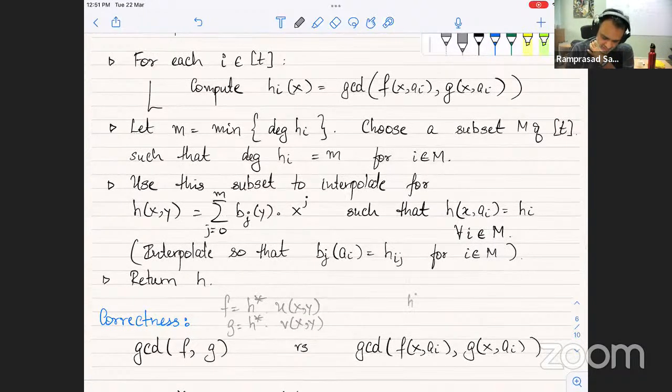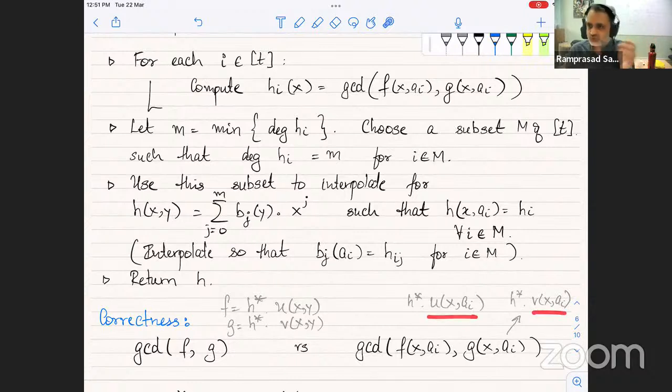This is going to be h star into some u of x comma ai, and this is equal to h star times v of x comma ai. So what can happen is that certainly if h star is a GCD here, you will at least get h star of x comma ai on the right hand side. The problem is, annoyingly, these two could now have some extra factors.